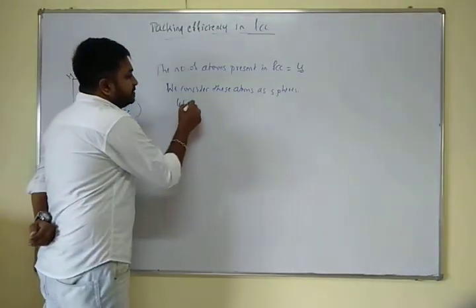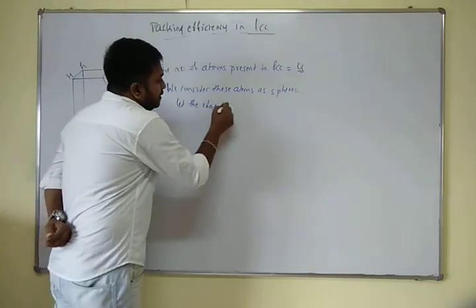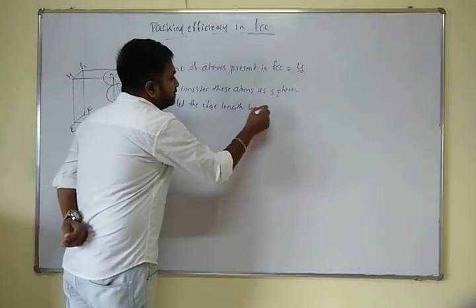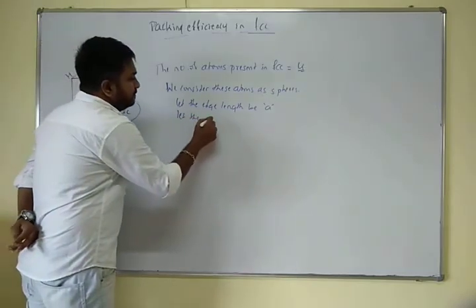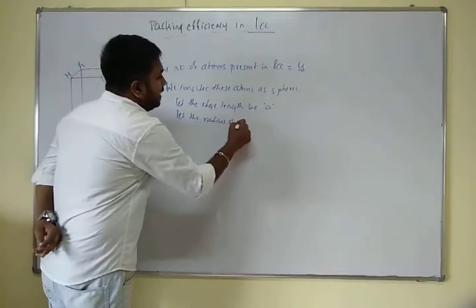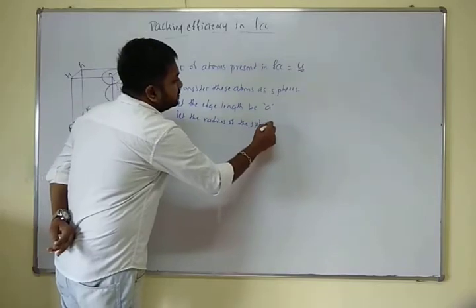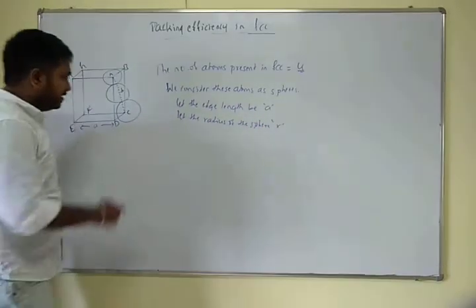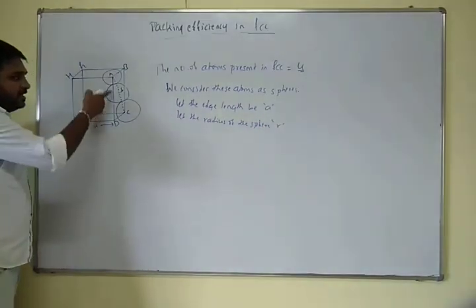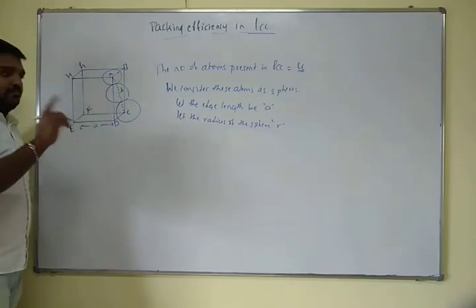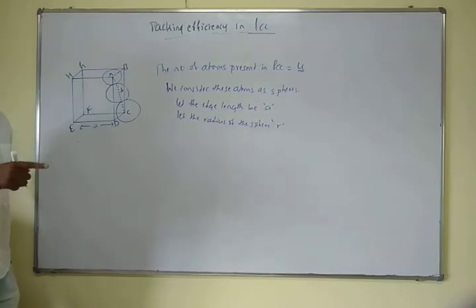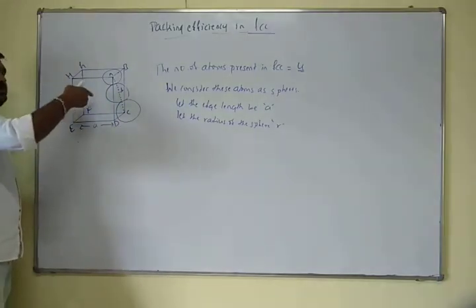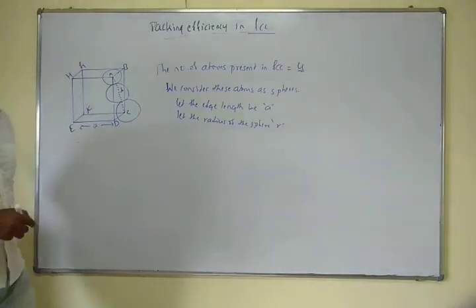Let the edge length be A, and let the radius of the sphere be R. Here, this is the edge length A, and the radius of the sphere is represented as R. We have only the face diagonal; we do not have the body diagonal, because there will be no sphere at the center of the body in FCC.